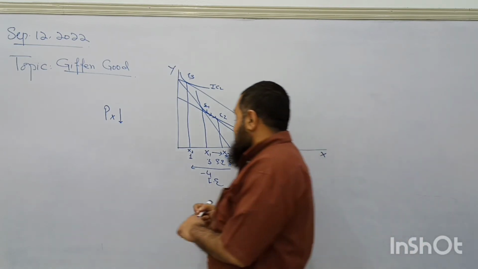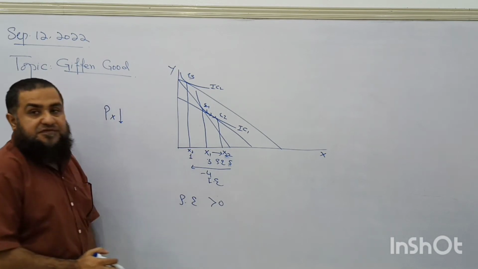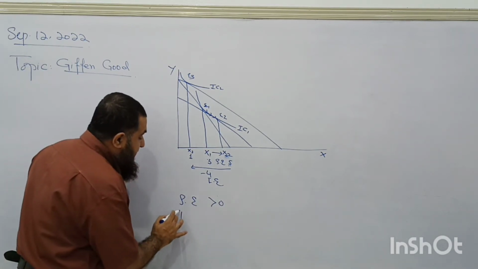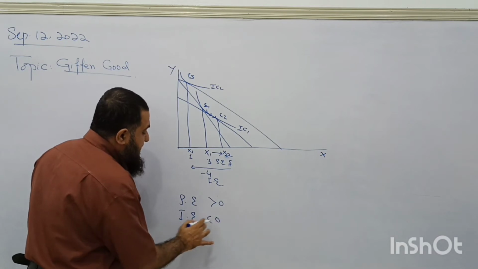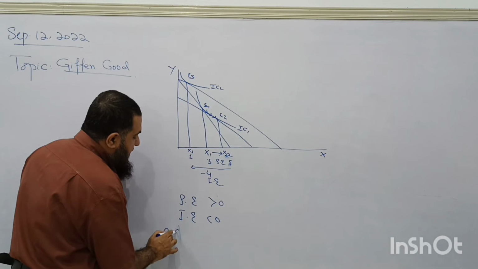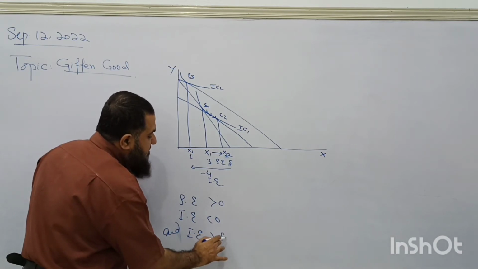So we see over here the substitution effect is positive for this Giffen good, but the income effect is negative, and the income effect is stronger than the substitution effect.